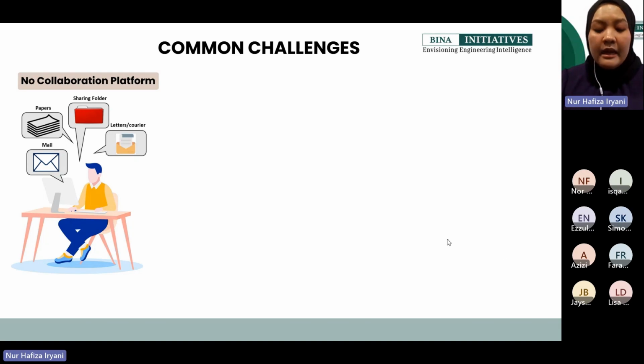This kind of challenge raises a concern in terms of security and also the audit trail, because by using only email or a sharing folder, we do not know who can access it, who can view it, who can edit it, and so on. Without the audit trail, the project team might miss critical emails and definitely fail to respond in time.